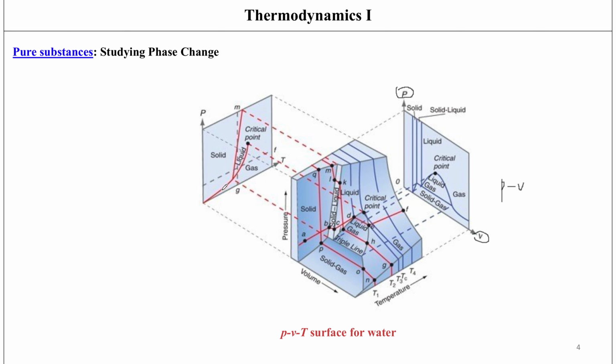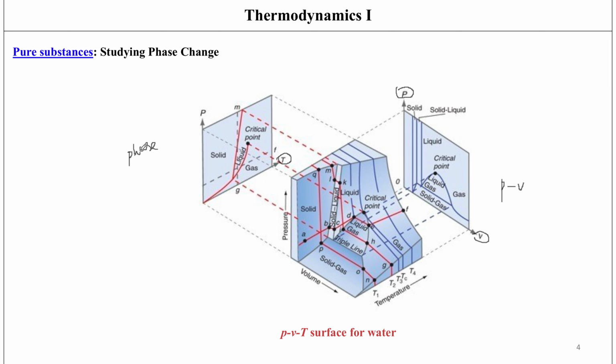And over here we have the relationship between the pressure and temperature of the pure substance, and this is called a phase diagram. Okay, it's called a phase diagram. And then we also have a TV diagram, which gives us the relationship between the temperature and the volume.